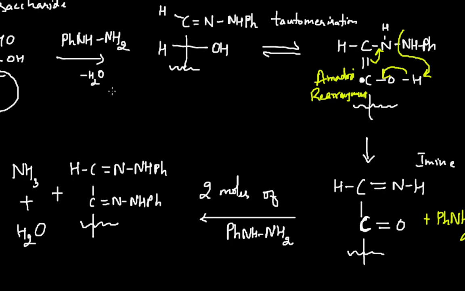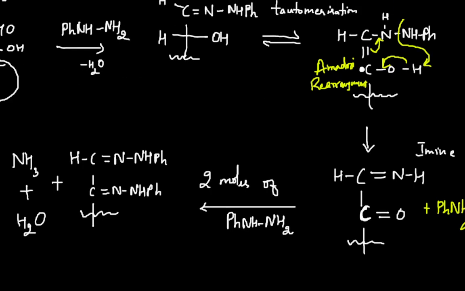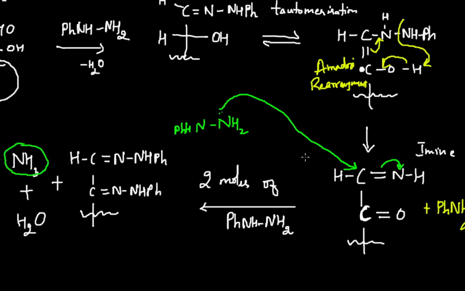So how is the reaction taking place? The first mole, that is NH2 NHPh, is going to react with this particular carbon, the bond falls back, and ultimately this ammonia is kicked out from here.